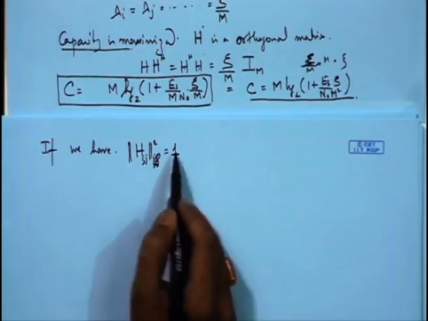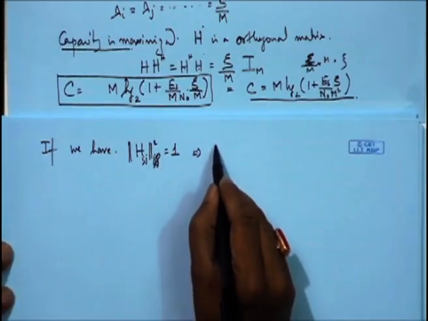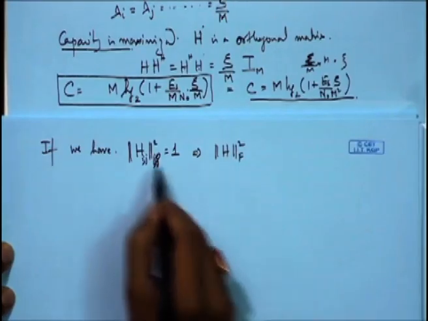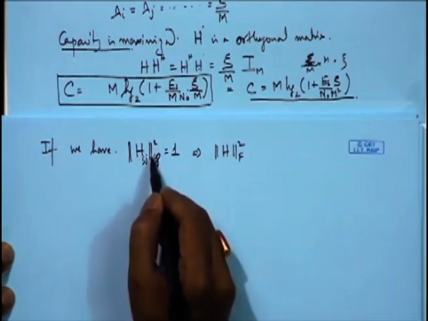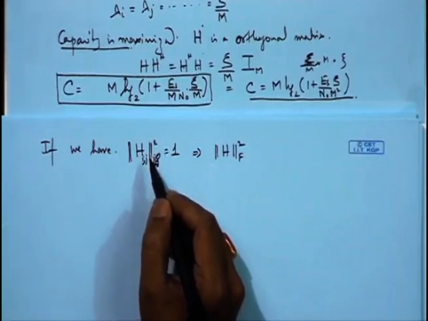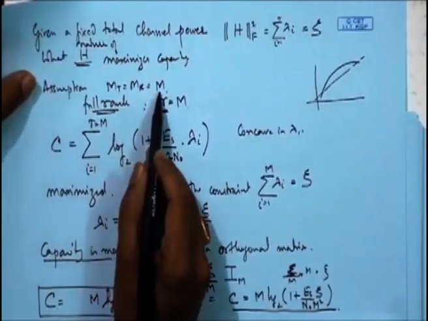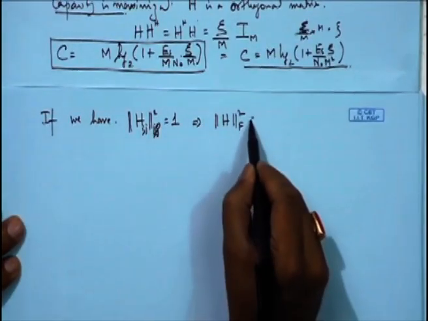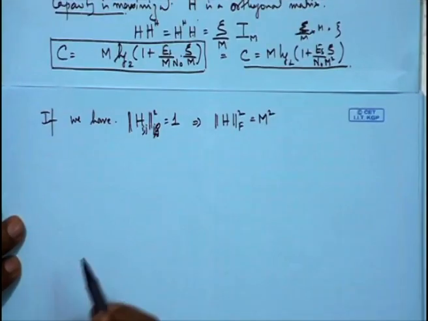So, this would mean that the Frobenius norm squared of H, which is the sum of all of these values, and we have said initially that mt equals mr equals m, so we have m squared such elements. So, this would be equal to m squared.